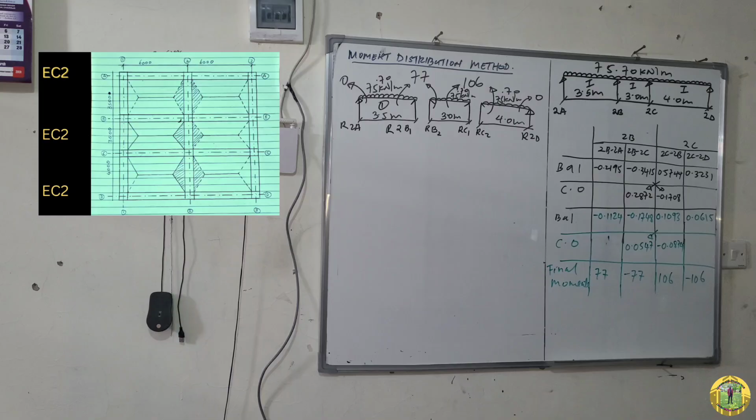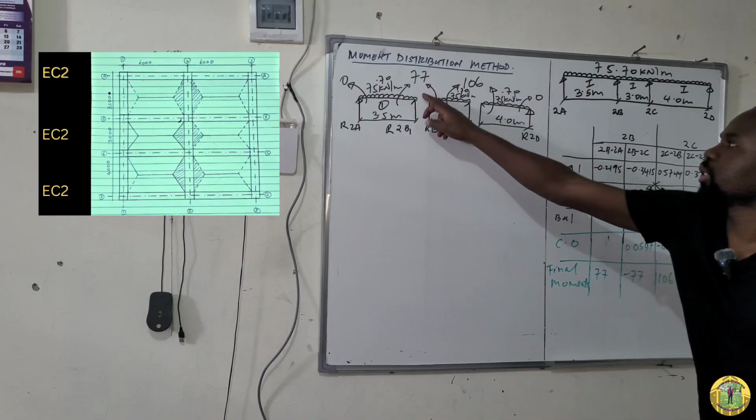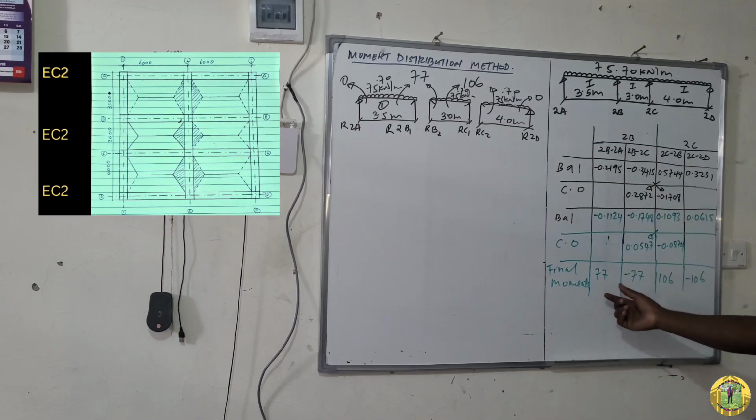And then we have the moments. We have already calculated the moments at these joints. At joint 2B, as you can see, it's 77, so it can be either positive or negative depending on the direction of the moment.